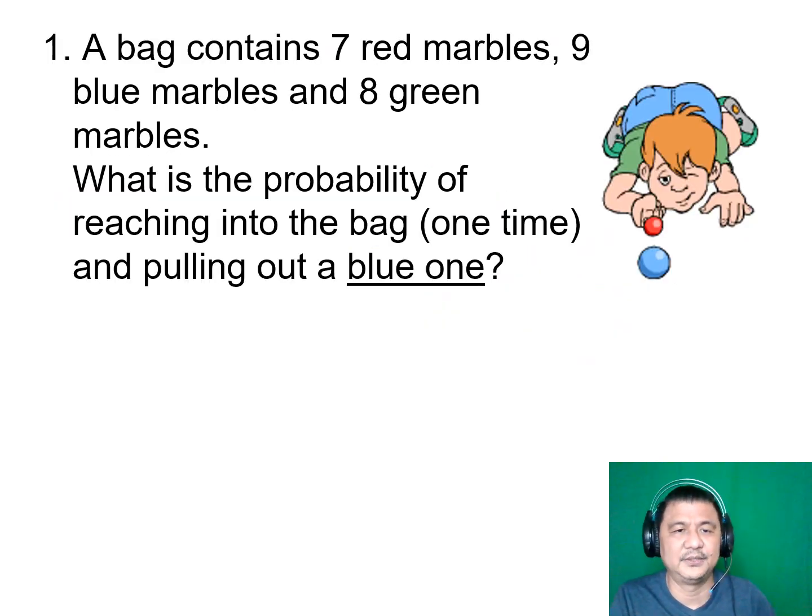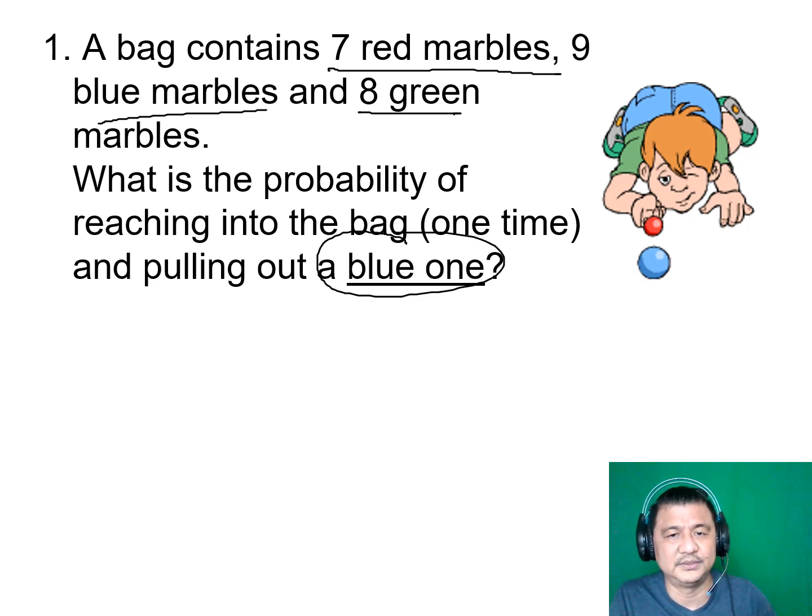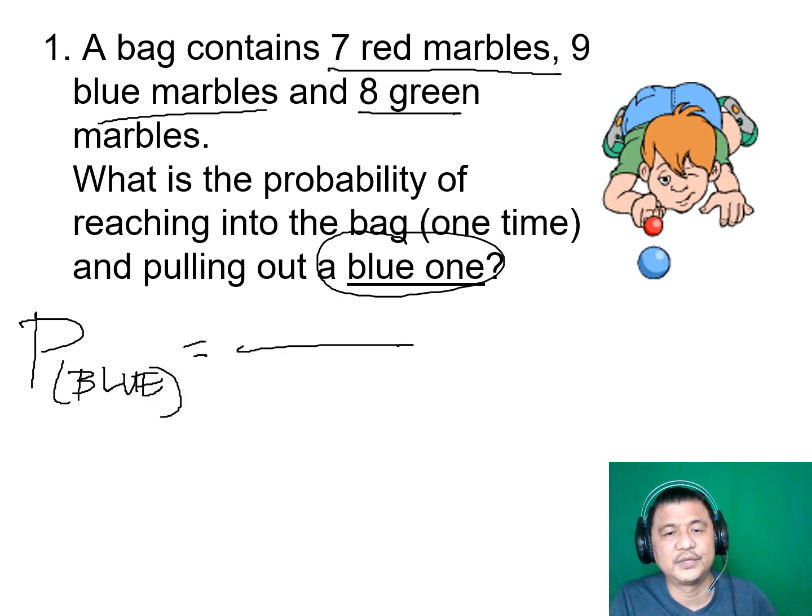Let's try the following. A bag contains 7 red marbles, 9 blue marbles, and 8 green marbles. What is the probability of reaching out in the bag and getting a blue one? Okay, probability of getting a blue is what I want. So to get a blue, how many blues do I see?